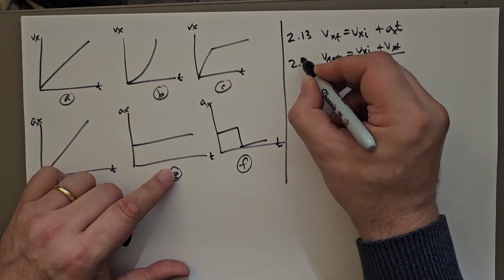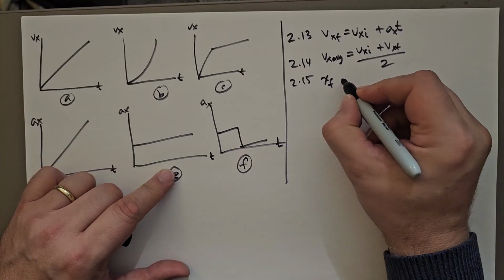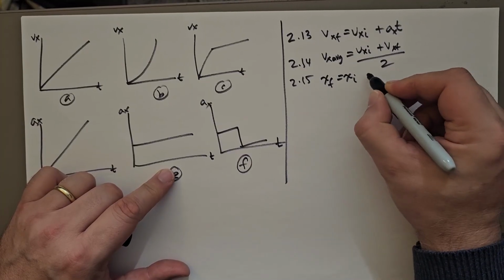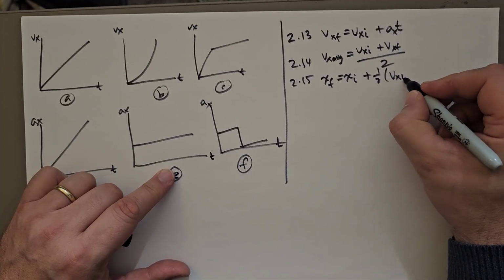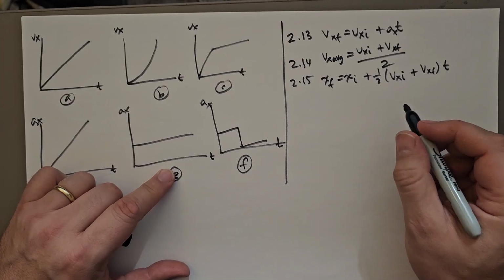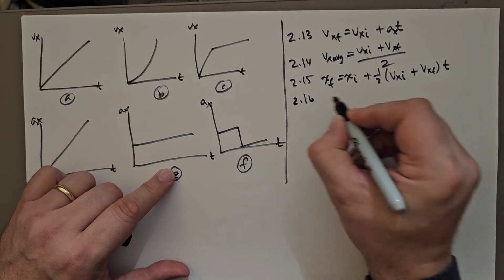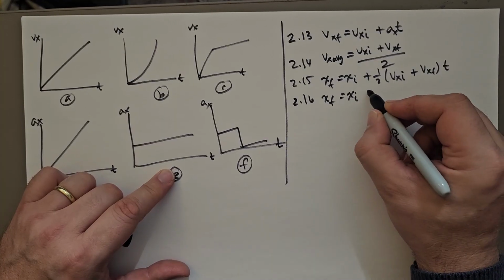This is 2.14. 2.15: the final position is equal to the initial position plus 1/2 of the initial velocity plus the final velocity times the time. 2.16. This is the one I like. I really like this equation for some reason. I don't know why.